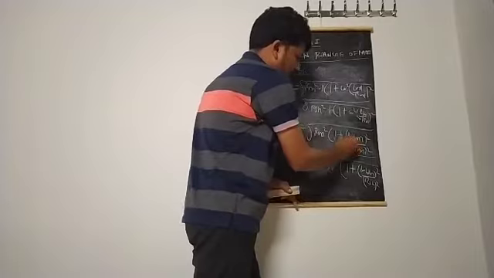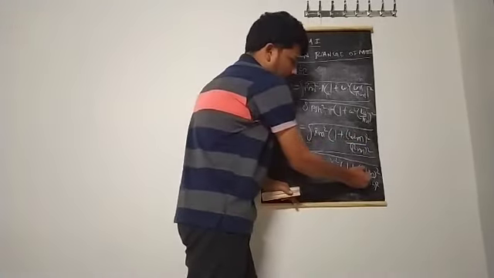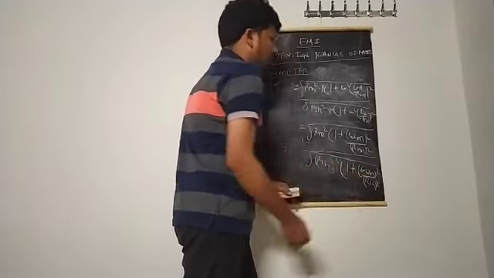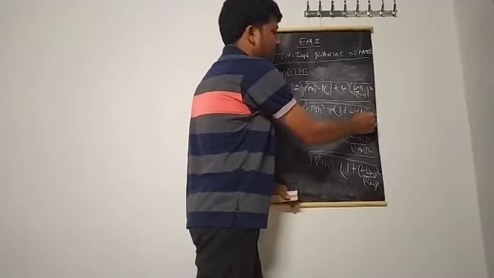Here I have taken omega outside. So here we get 1 plus omega square, Lm by Rm, and LSH by RSH.